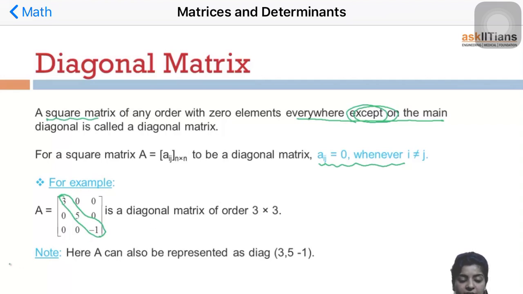Another important concept here is that suppose we have a diagonal matrix of this form, then we can write it as diag, that means diagonal, and you can write the diagonal elements separated by commas. So I write here 3, 5, -1. This denotes my diagonal matrix. So this just automatically denotes this kind of matrix. You can write the diagonal matrix in this form as well.